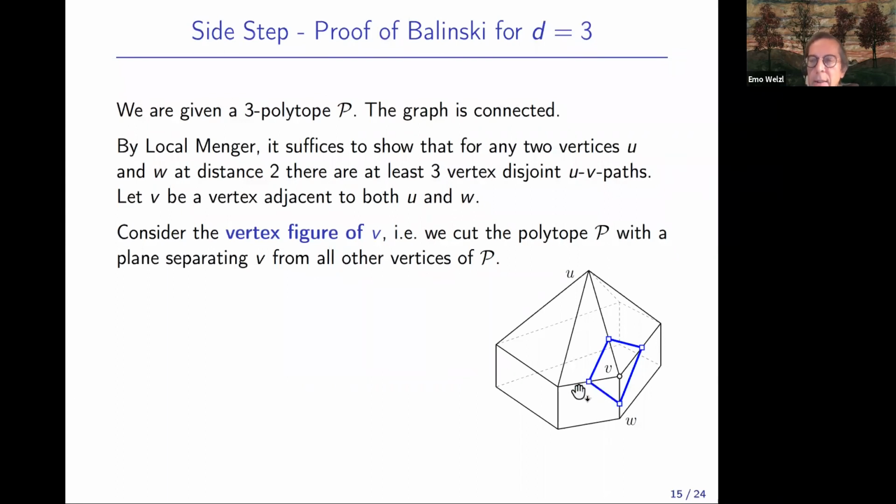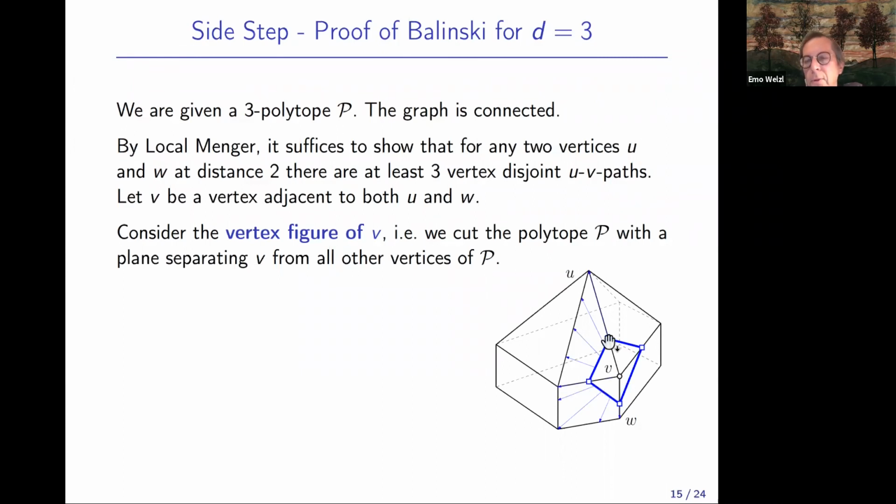And of course, this is 2-connected, but the important thing is whenever you give me a path on this cycle, you can map this path back to a path on the original polytope.